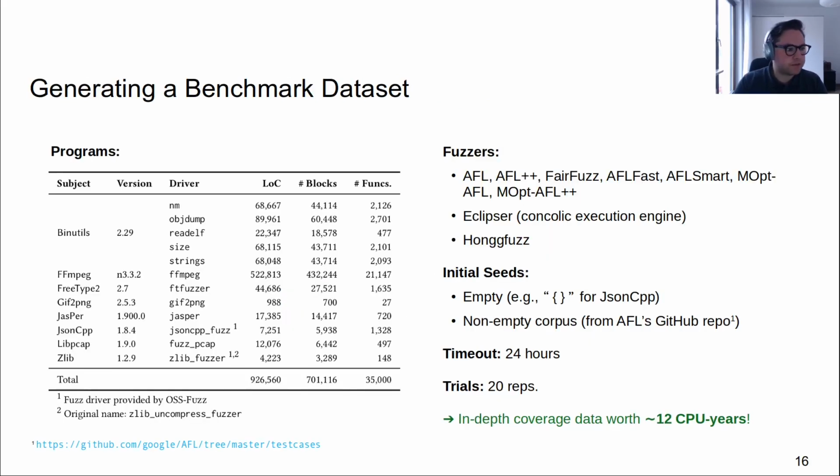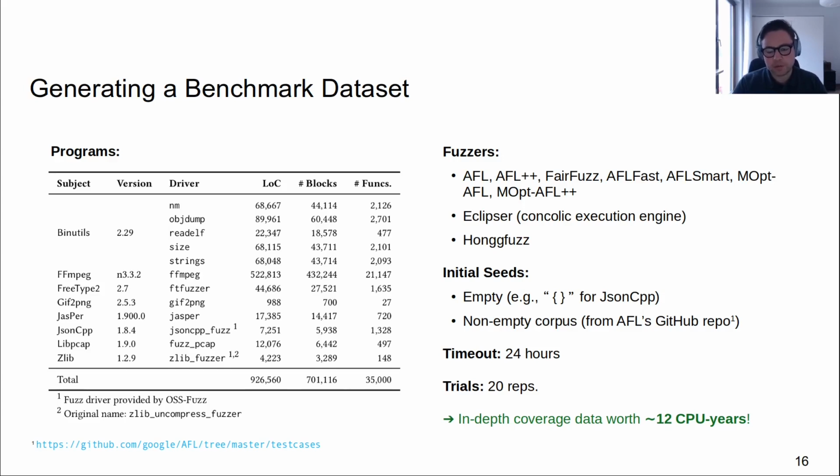To demonstrate FuzzTastic's applicability, we generated a large-scale benchmark dataset which can be used for further studies. So we selected in total 12 different benchmark programs which are listed in the table on the left of that slide. And we also selected 9 different fuzzers.